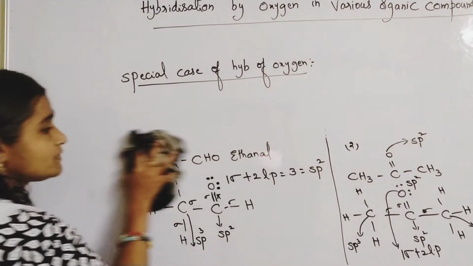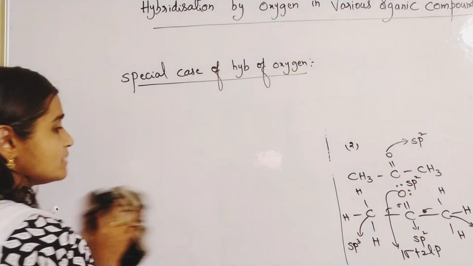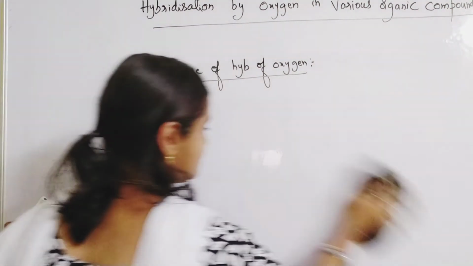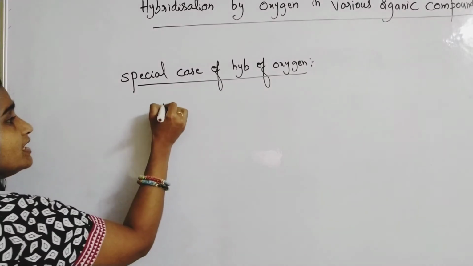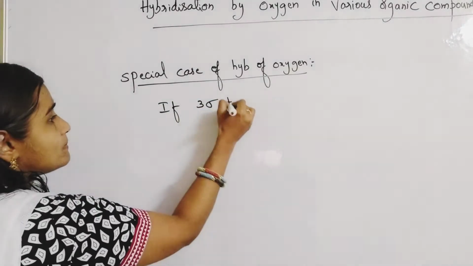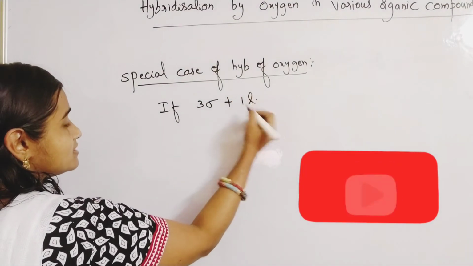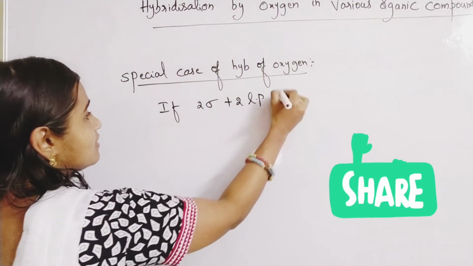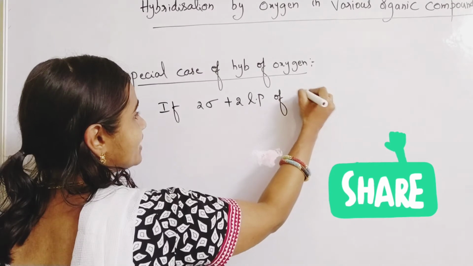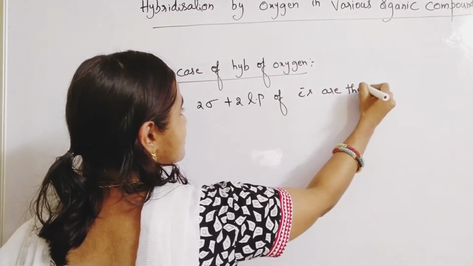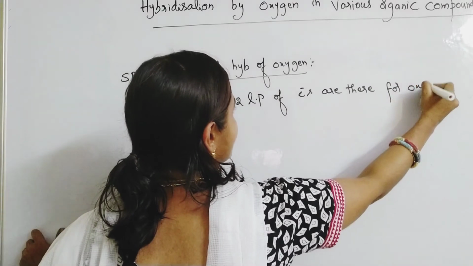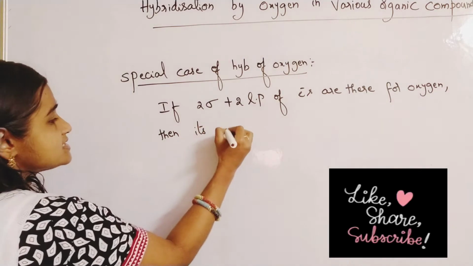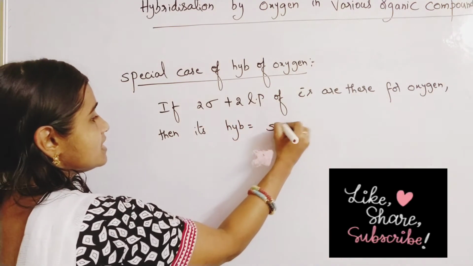Generally we think that if oxygen has 3 sigma bonds and 1 lone pair, or 2 sigma bonds and 2 lone pairs of electrons, then its hybridization is what? sp3. We think that its hybridization is sp3.